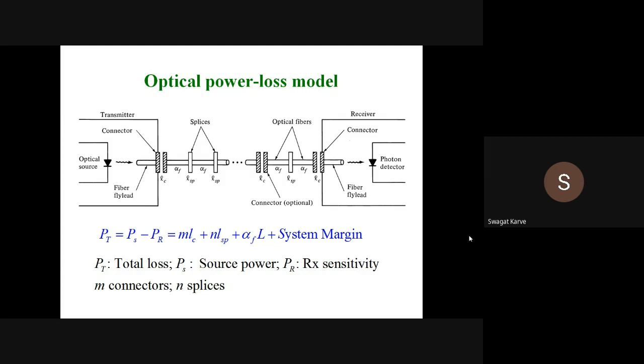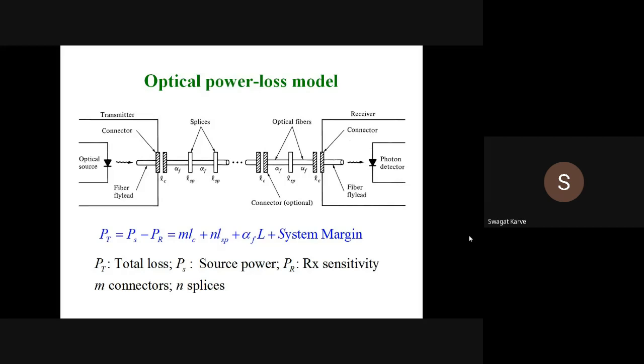So you have to estimate the total power by considering each of these factors. That means how many connectors you have used, and what is the attenuation loss of that fiber. That depends upon the length and the wavelength that you have used. So you have to calculate the attenuation loss of the fiber.